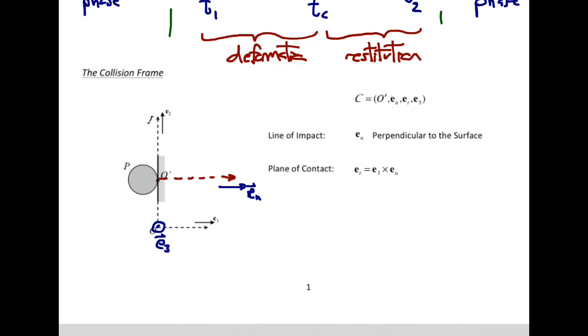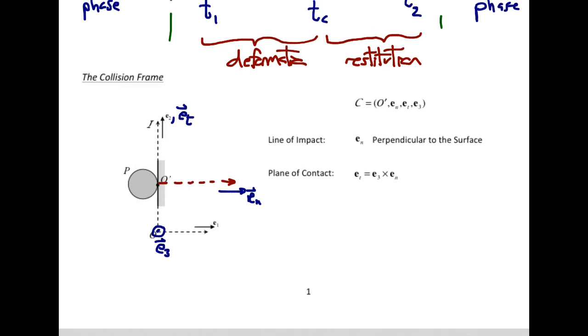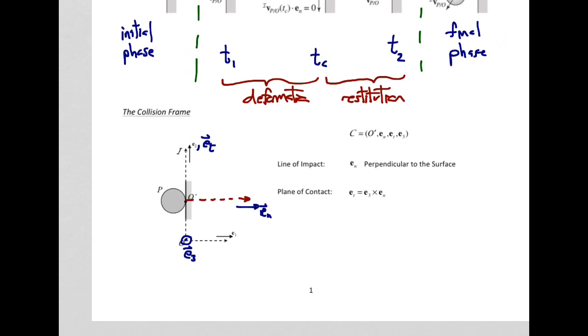And then E sub t, defined as E sub 3 crossed with E sub n, and when we take the cross product, we get a vector that's along E2. And so we're showing here that instead of the line of impact being defined by the relative velocity, as we did earlier, we're simply defining it by the surface itself.